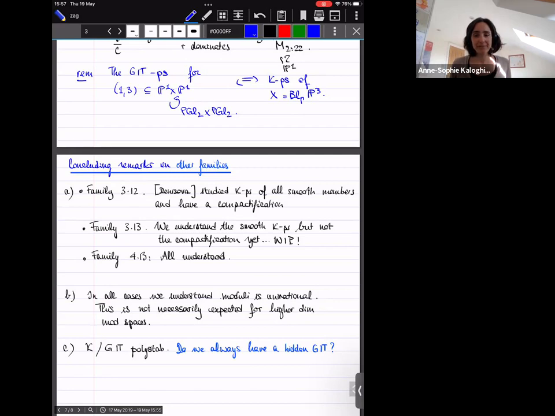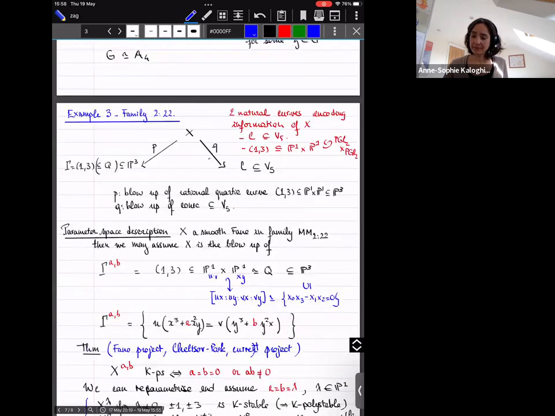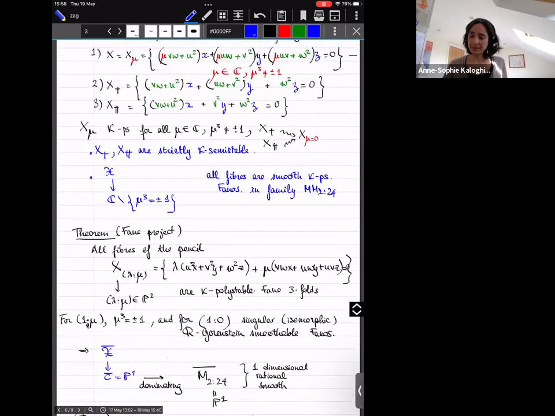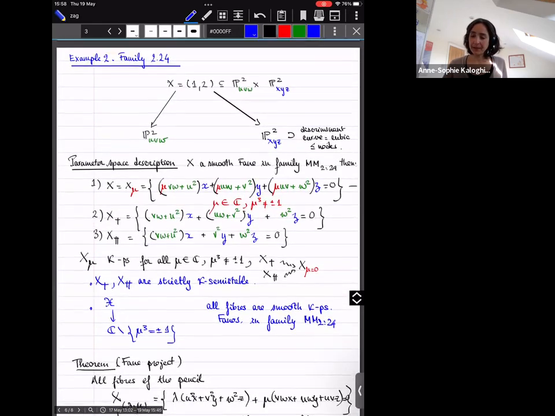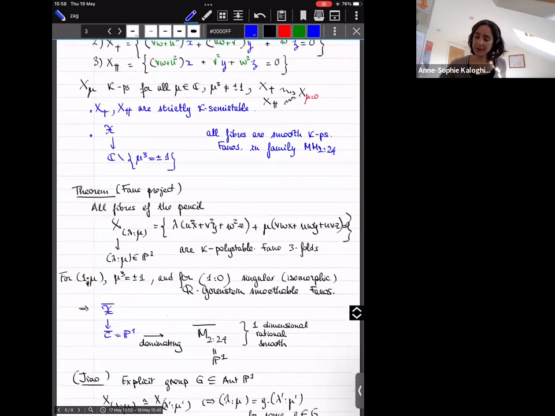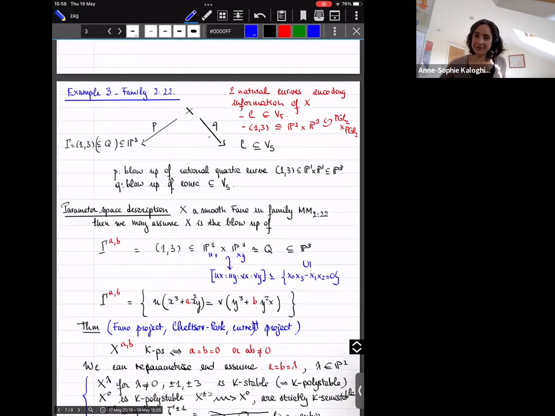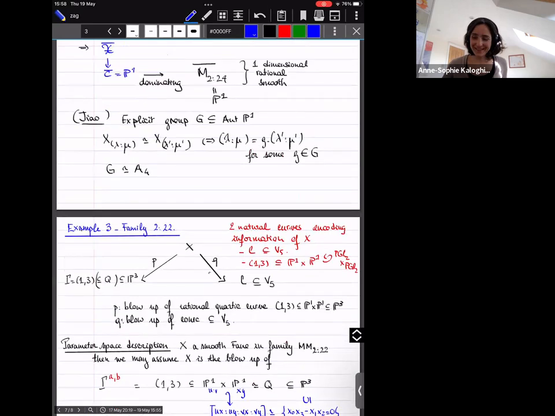Do we have any questions or comments? Okay, I have a question. I'm really bad with numbers. I think it's 224, the one where... The two conic bundles? No, sorry, the previous page.